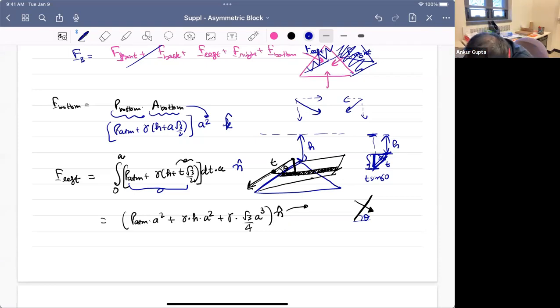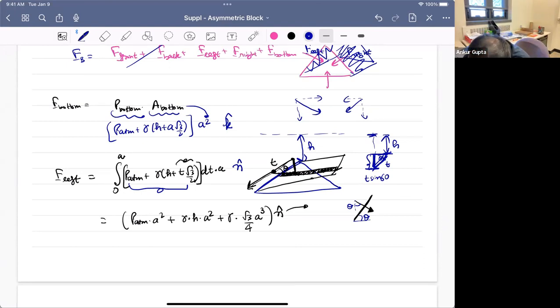A lot of students get confused with trigonometry. Just remember this. This inclined line makes angle theta with the horizontal, but something perpendicular to it will make theta with the vertical, which makes sense because I've just rotated the whole thing by 90 degrees.